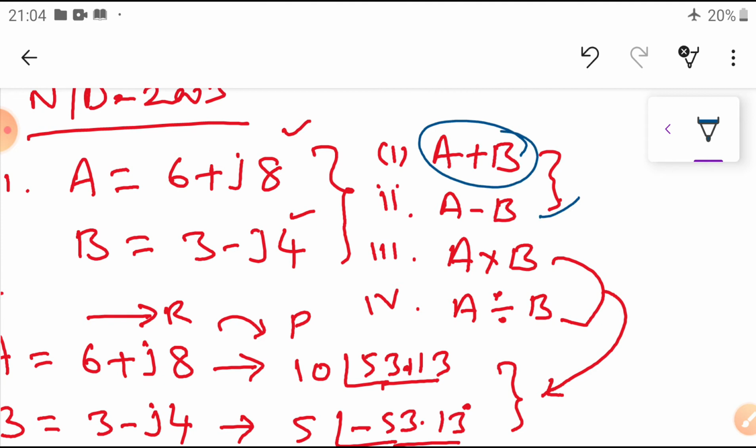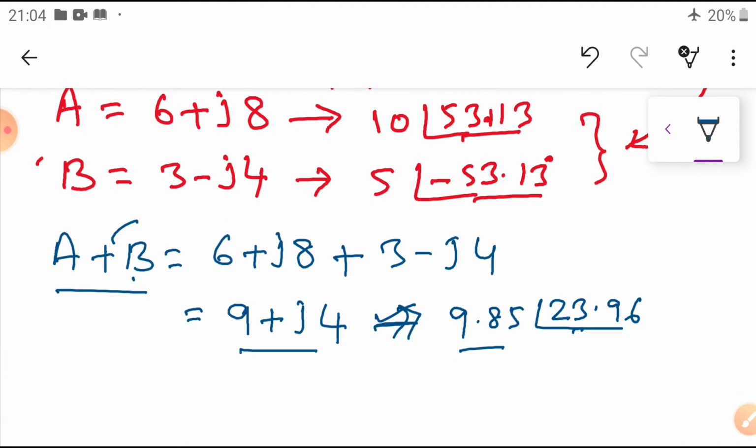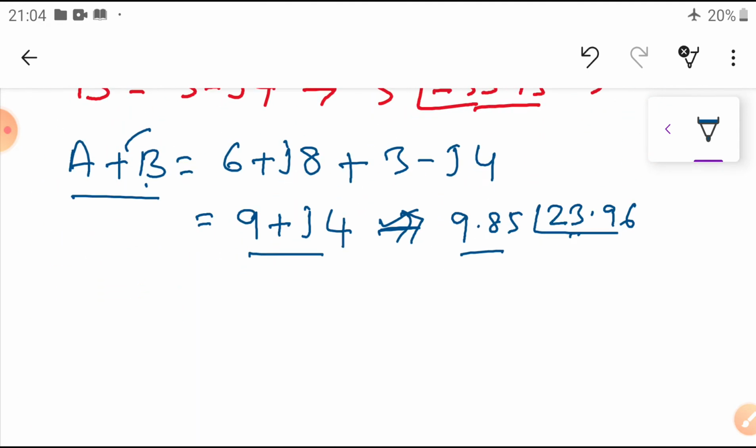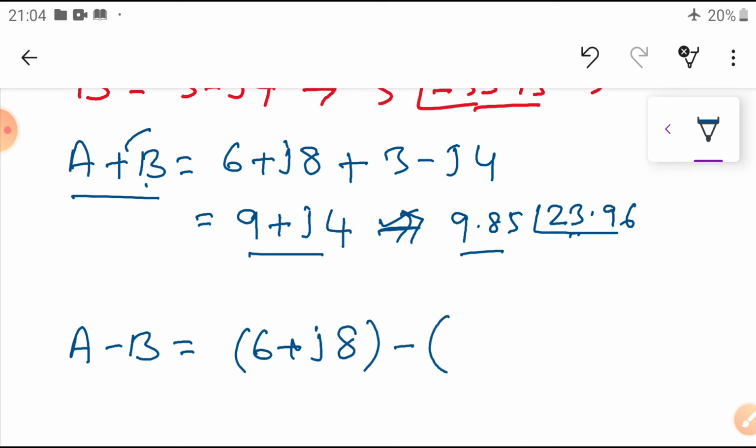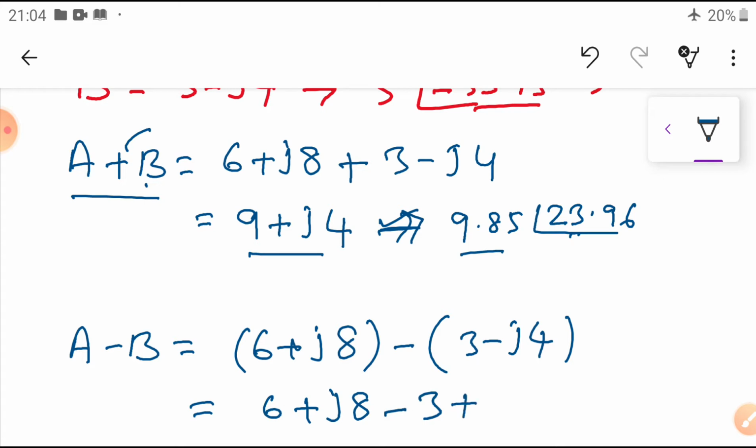Now I am going to the second part, A minus B. What is A? 6 plus j8. Take the minus of B, which is 3 minus j4. So 6 plus j8 minus 3, minus into minus gives plus j4.